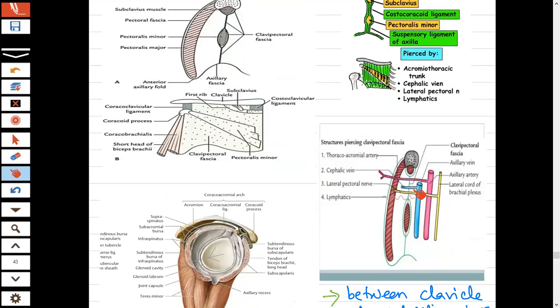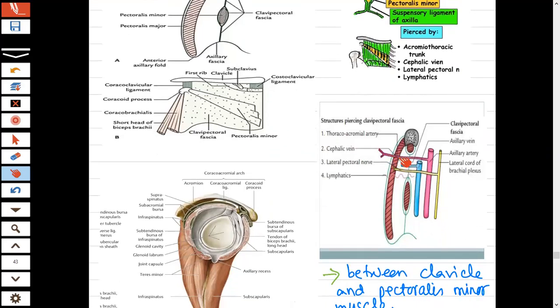Four structures are piercing the clavipectoral fascia. Number one, thoracoacromion artery, branch of your axillary artery. Second, cephalic vein, draining the blood into the axillary vein. Third, your lateral pectoral nerve, which is piercing the clavipectoral fascia and is coming out from the lateral cord of the brachial plexus. So this is your clavipectoral fascia. Is it clear to everyone?